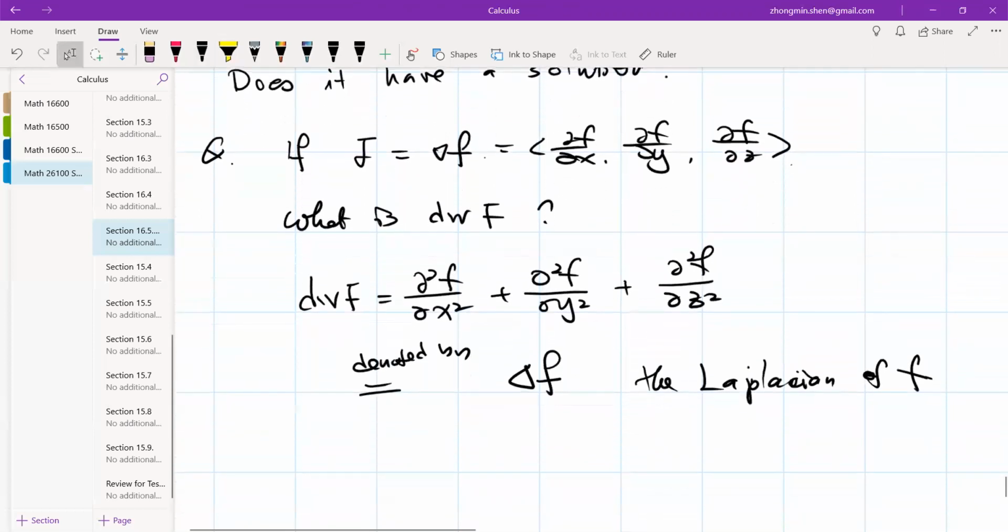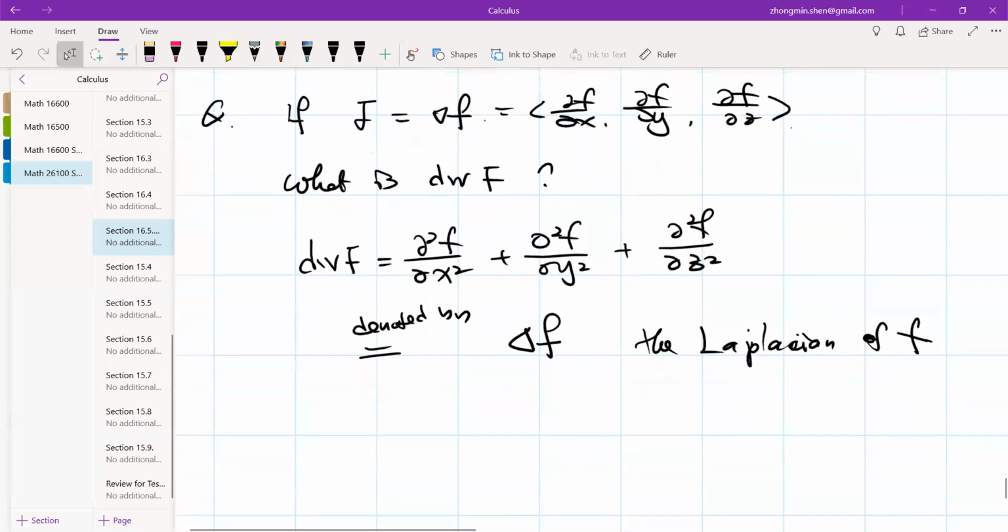This is an important problem in mathematics: whether or not there's a function satisfying the equation delta f equals 0.